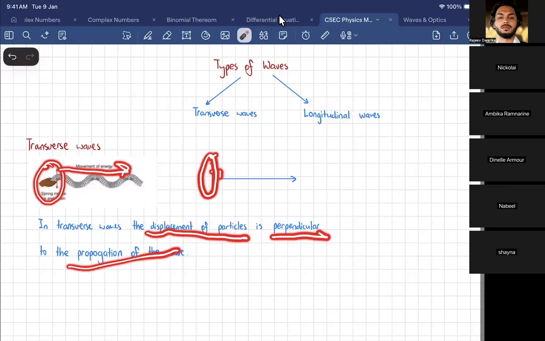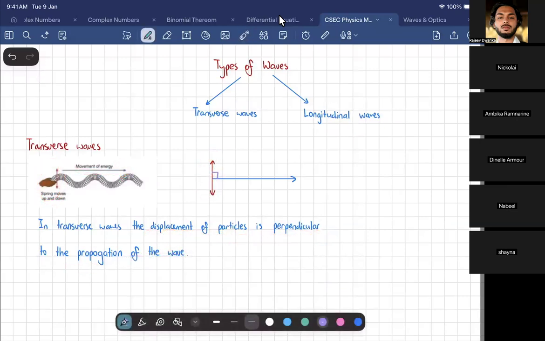So propagation of the wave is just a fancy way of saying the direction in which the wave travels. That is what it means. So you see this over here? Direction in which the wave travels.